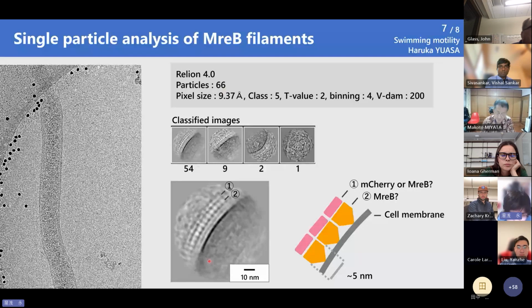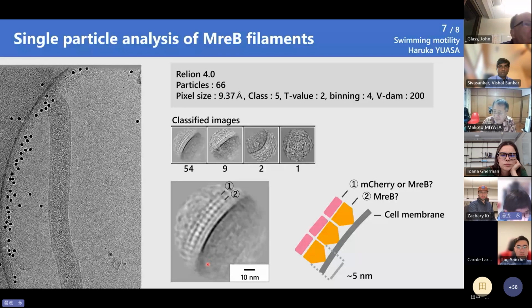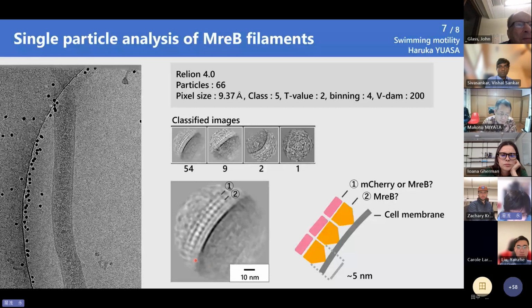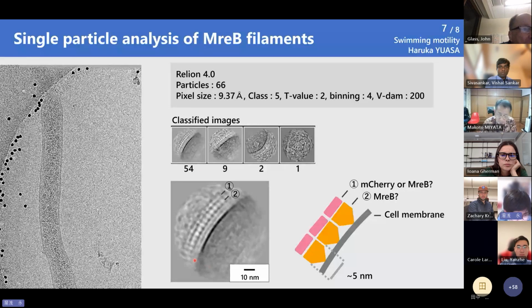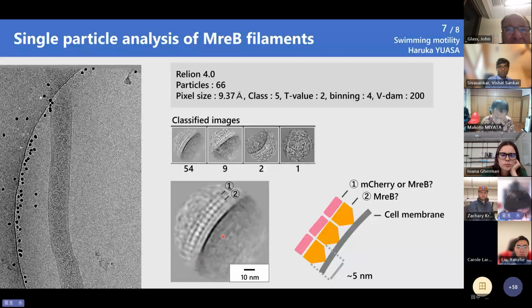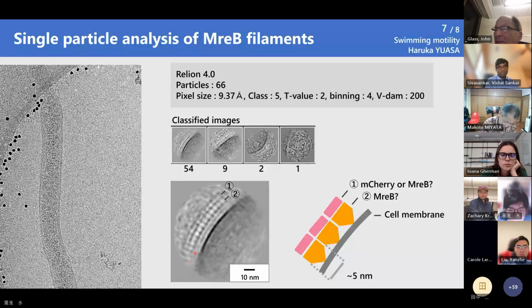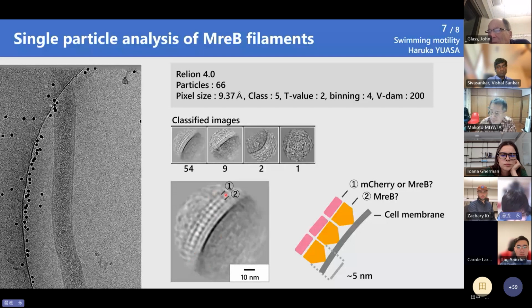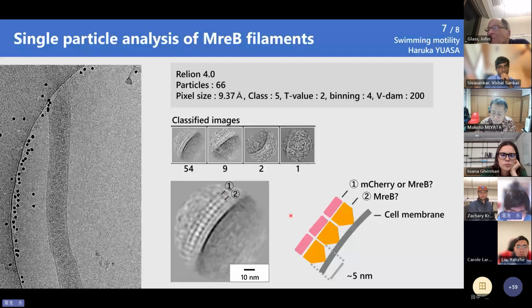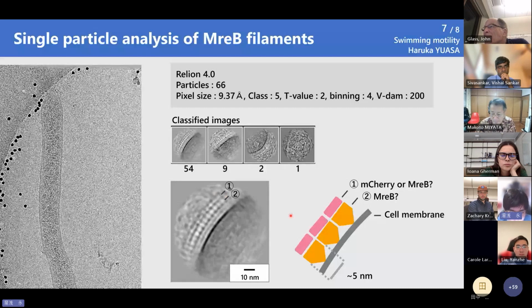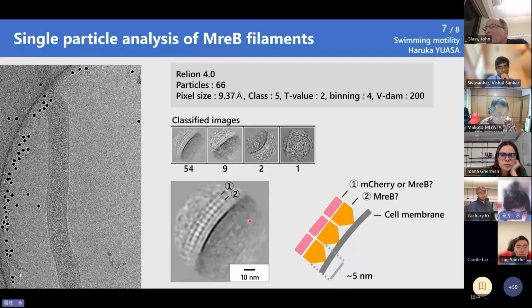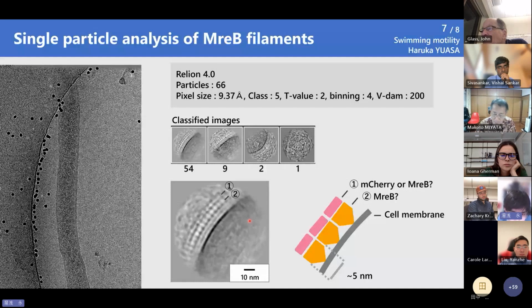The results suggested a 2-layered filamentous structure along the cell membrane. This is line 1 and line 2. The monomer pitch in line 2 is approximately 5 nanometers. This is close to spiroplasma's MreB monomer.